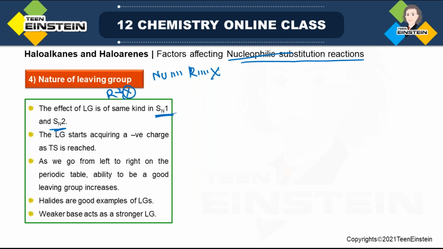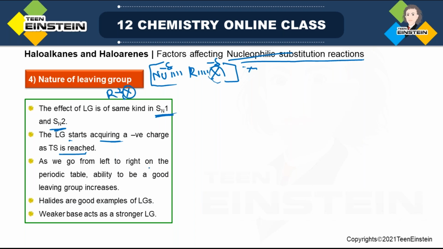So that is why, if X can be removed very easily, then in this transition state for SN2, the Lg starts acquiring a negative charge. So there is partial negative charge, not full, also partial negative charge over the nucleophile. So it just starts acquiring a negative charge as TS is reached. TS means transition state.